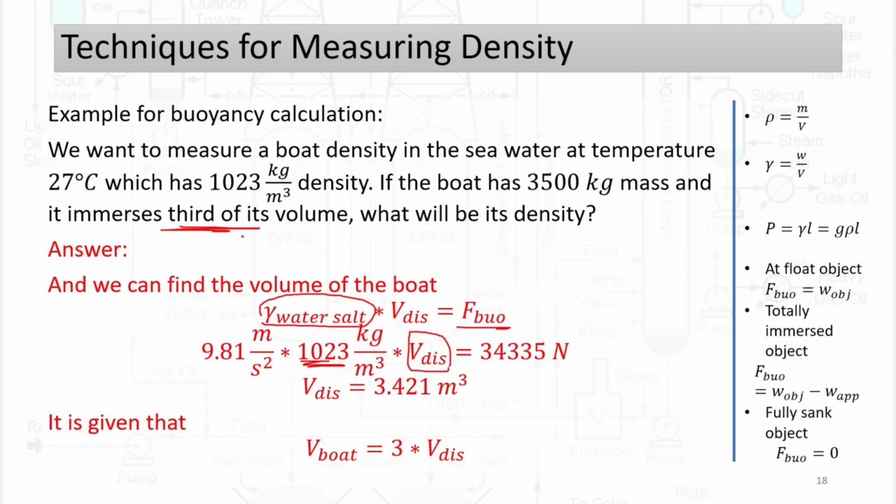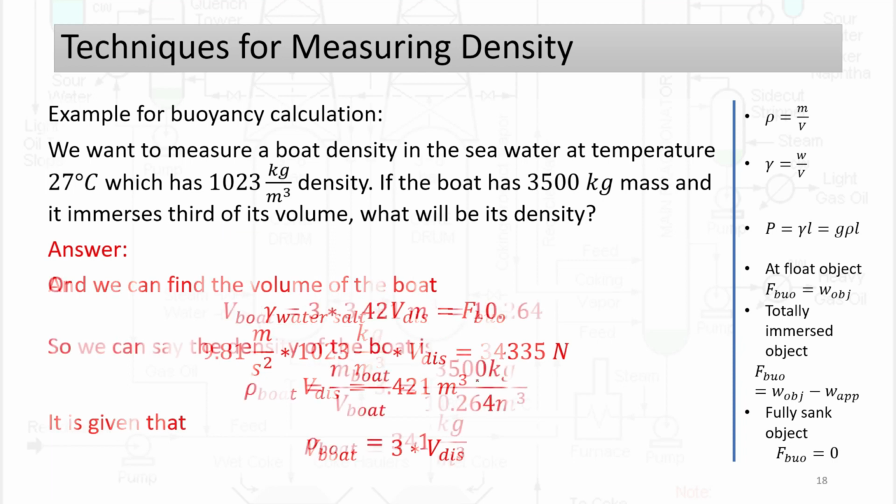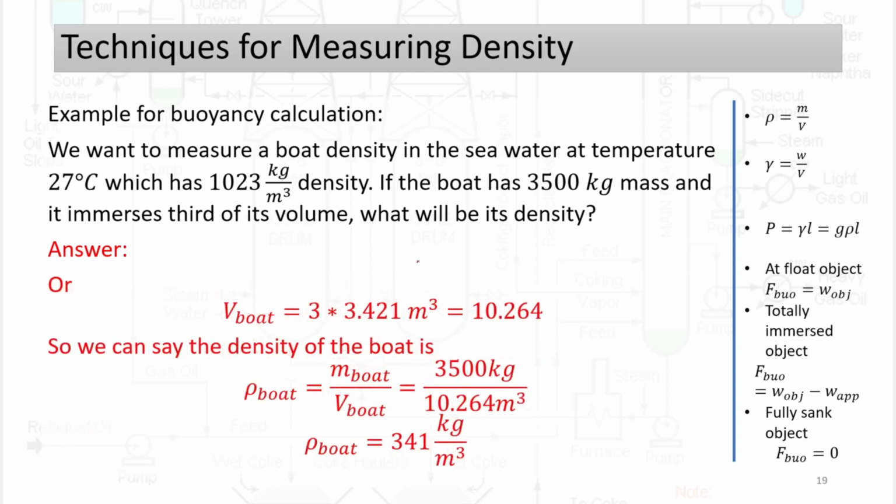So the volume of the boat is 3 times the volume displaced in this situation, because it is the first case, a floating object. Now I can multiply these 3 by the volume displaced, which I already found. It gives me the value for the boat volume.